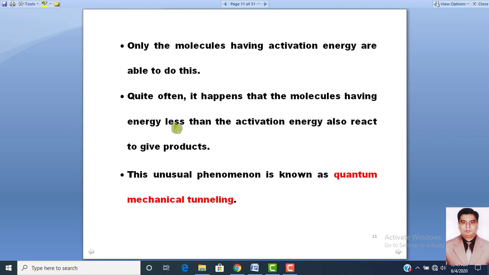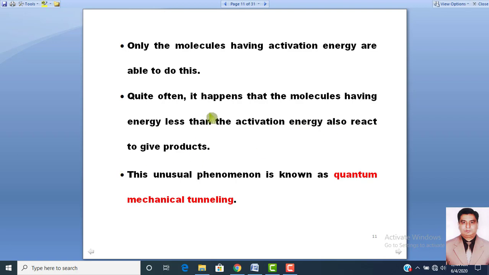Dear students, remember that only those molecules will react which have activation energy. Those molecules which have activation energy will produce the activated complex. Quite often, molecules which have energy less than the activation energy also react to give products.